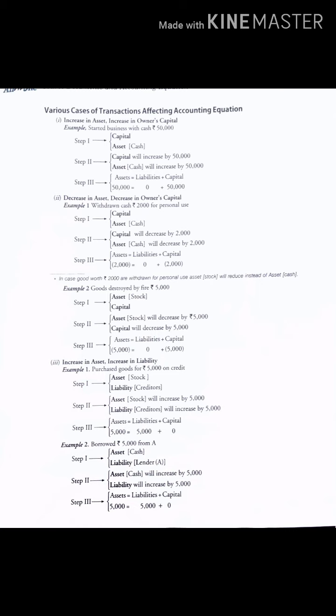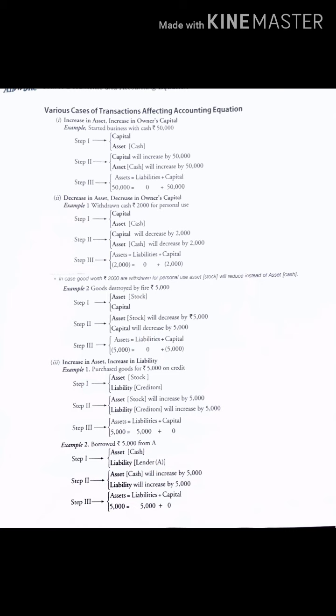So one effect is on asset, another effect is on liability. Second step, I will check what kind of effect it is, whether it is increasing the variable or decreasing the variable. So when cash is coming to me, my variable is increased. Now A is the lender to whom I have to pay in future. So if I have to pay in future, that means my liabilities have also increased.